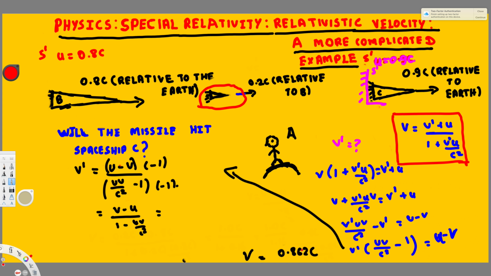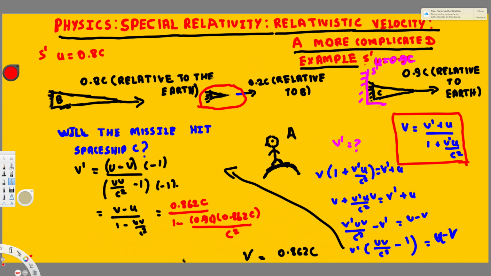Now v is the value we calculated, that is 0.862c, over 1 minus u, the speed of the frames of reference, that is 0.9c, multiplied by v, that is 0.862c, over c square.